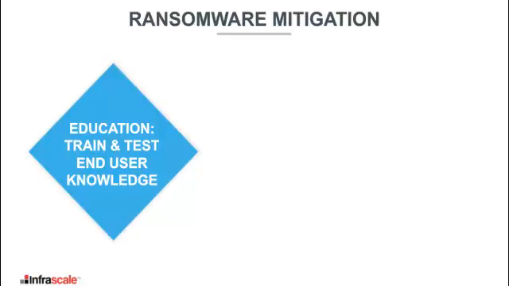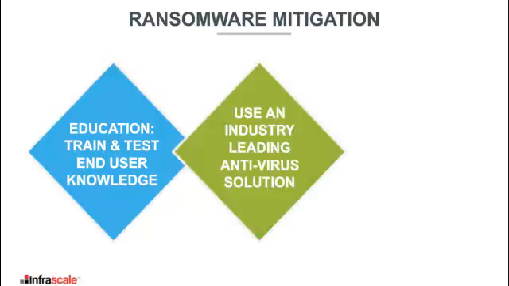Second step is obviously a leading antivirus, anti-malware solution installed that can detect malicious software as it's trying to come on before it actually gets onto systems and try and prevent the attack from occurring in the first place. However, even with these two steps, there can occur situations where malware gets through, right? Ransomware gets through.